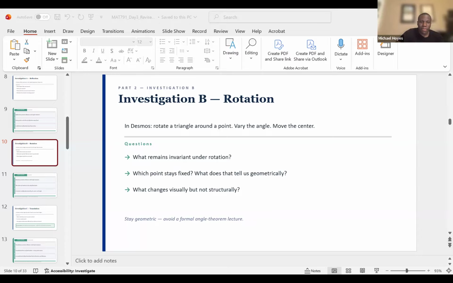You put that right on there, and it'll do that. And then we have this idea of what relationships between the figure and its image remain true, and that speaks again to the segment lengths and the angle measures. Those are always going to be congruent with one another. The segments and the angles, their lengths and measures, are equal.